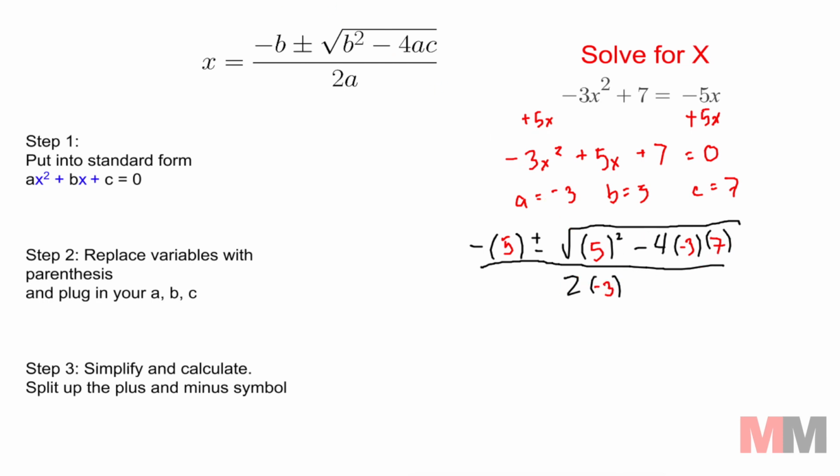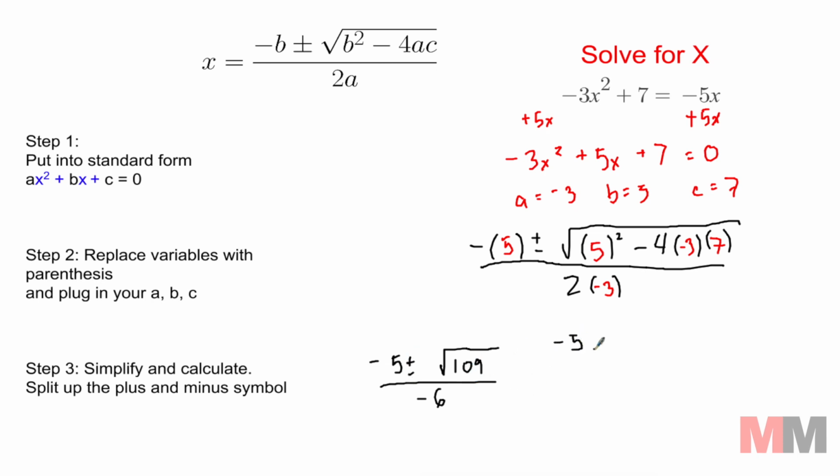Once you have that all set up, just clean it up, do some simplifying. -5 is just a -5, plus minus square root. If you compute all of this part on the inside, you should get 109 all over 2 times -3, which is -6. Once you have this, all you have to do is split up the plus and minus into 2 pieces.